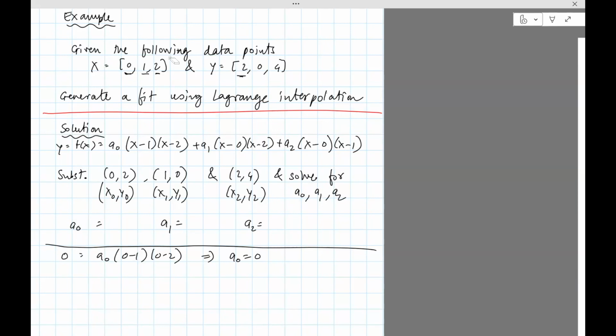Y is 2 here, x is 0. So this should be 0 minus 1, 0 minus 2, y is 2. Is that right? No. One.